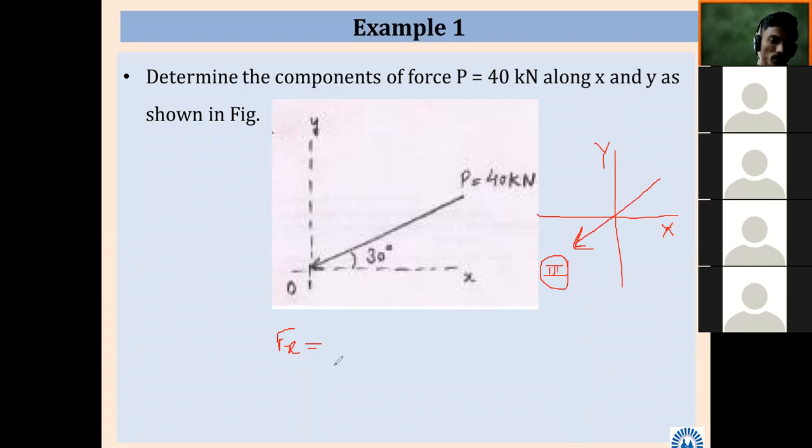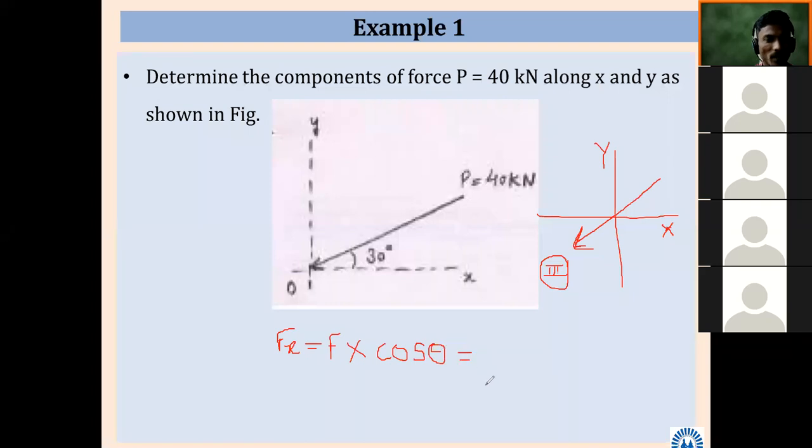For which component? Along x, to find the x component, we have to take cosine. So simply, we have to take F cos theta. And what is the value of cos 30?